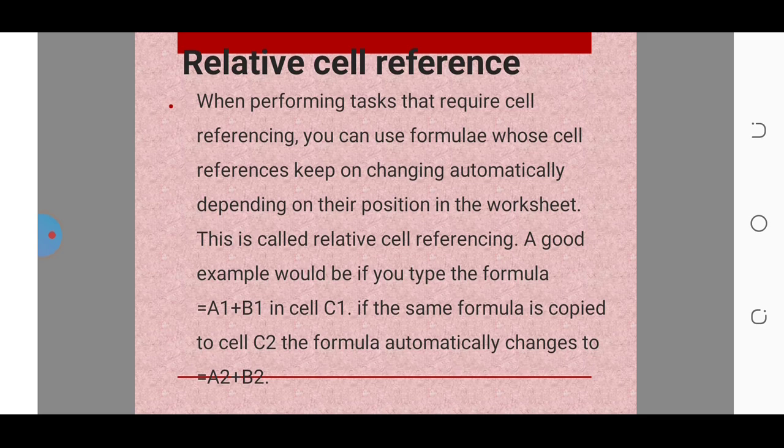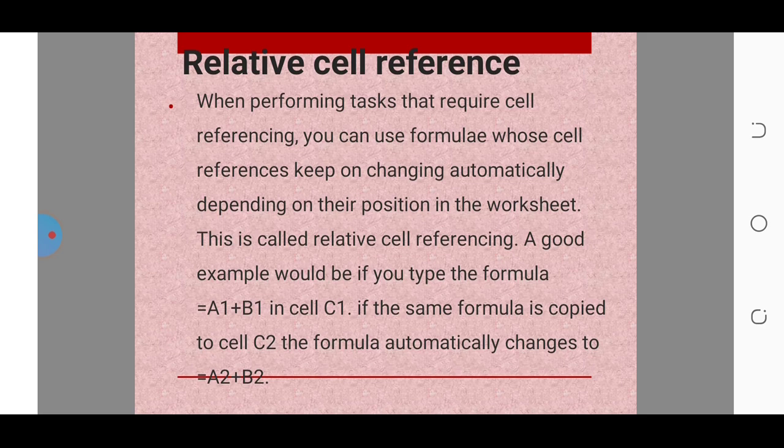So you find that A1 is changing to A2 and B1 is changing to B2 since C1 has changed to C2. This is relative cell referencing.